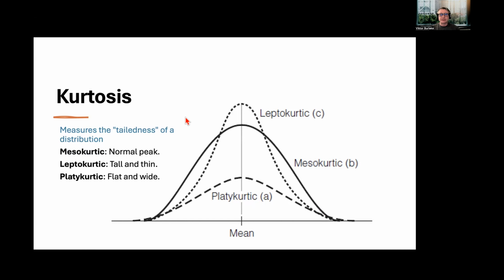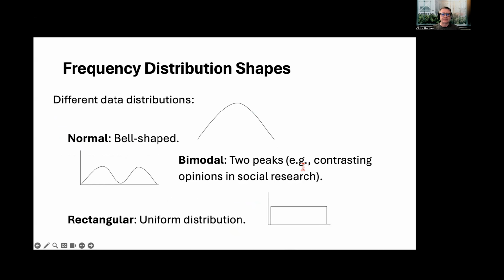Leptokurtic is when the distribution is tall and narrow, meaning more data is concentrated near the mean, with extreme values occurring less often. Platykurtic is when the distribution is flat and wide, meaning data is more spread out, with fewer values clustering around the mean.